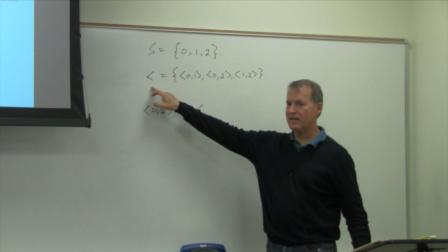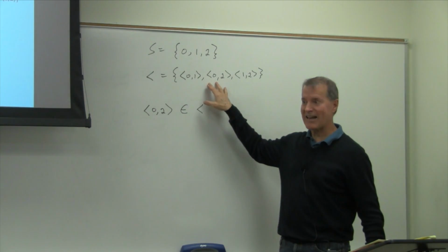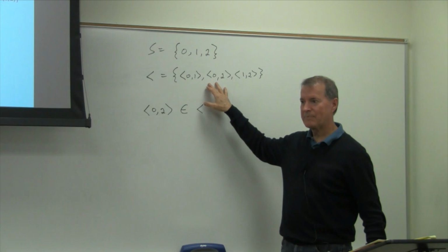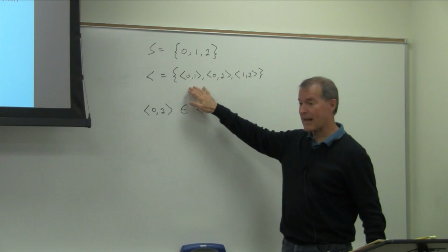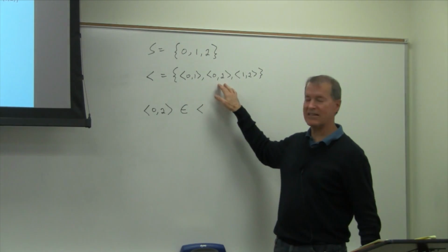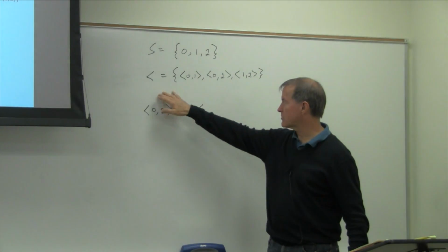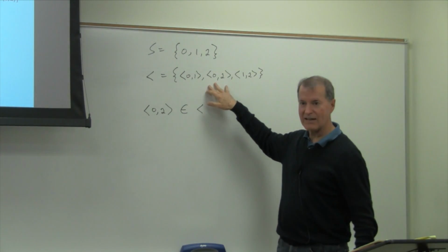What is the less than relation? It equals this set. And what is it a set of? Ordered pairs. So this ordered pair is in that set of ordered pairs. Are you with me? Is everybody clear on this? 0, 2 is an element of this set.